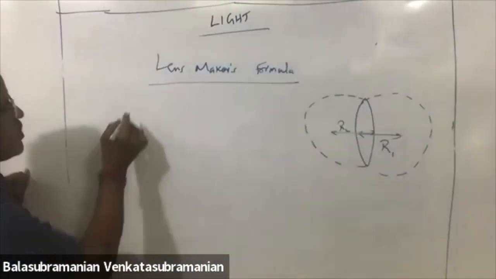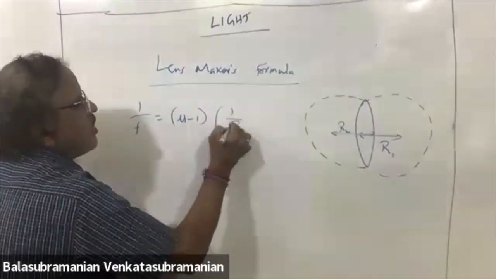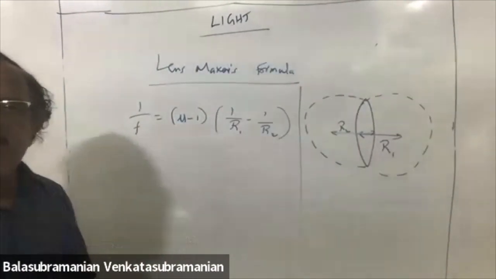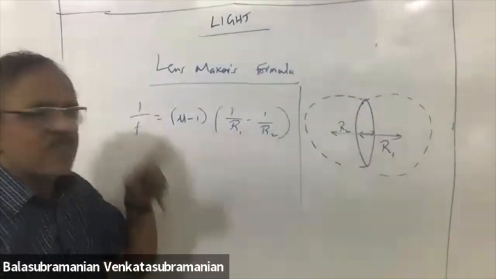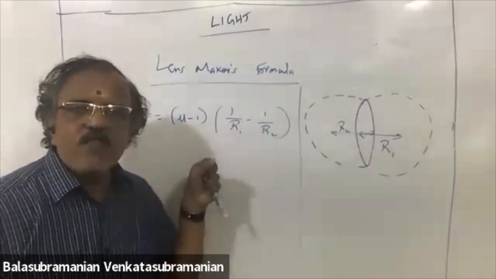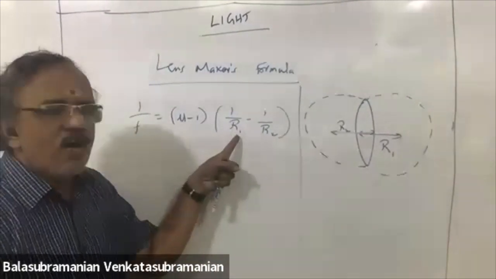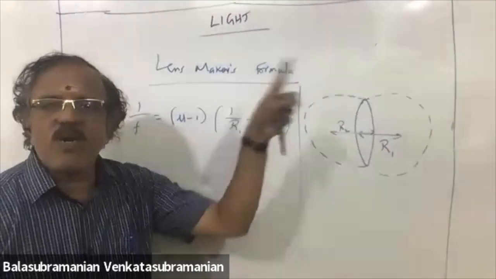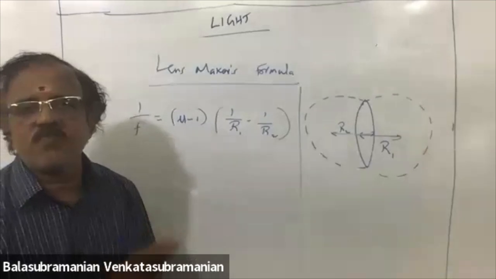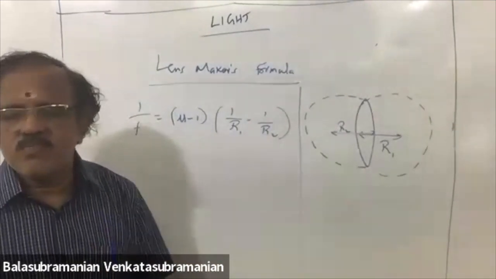The formula says 1 by F is equal to (mu minus 1) into (1 by R1 minus 1 by R2). You know very well F is the focal length of the given lens. Mu is called the refractive index of that particular glass. R1, radius of curvature of one spherical surface. R2, radius of curvature of the second spherical surface. So this is called lens maker's formula.